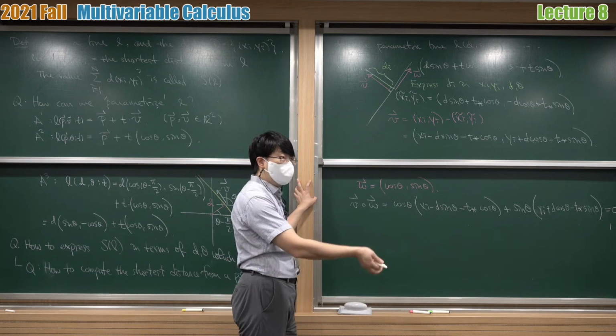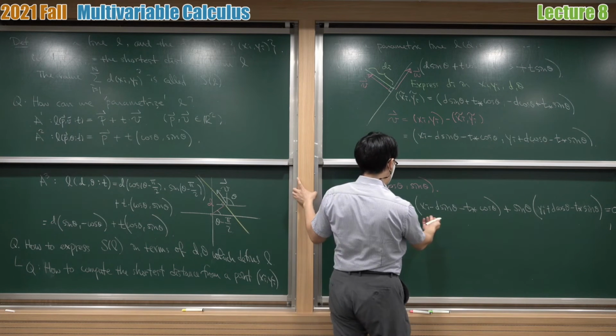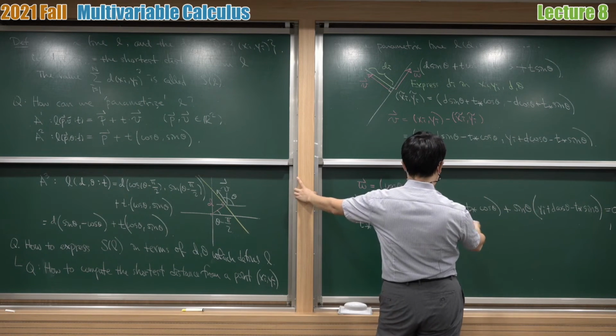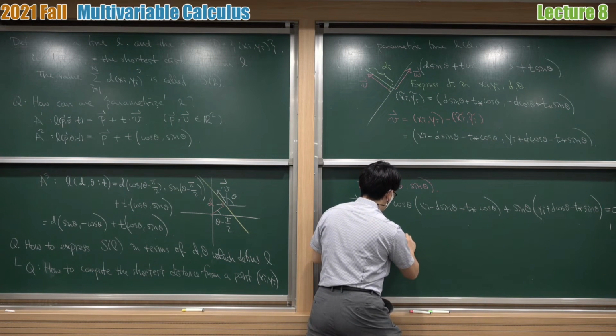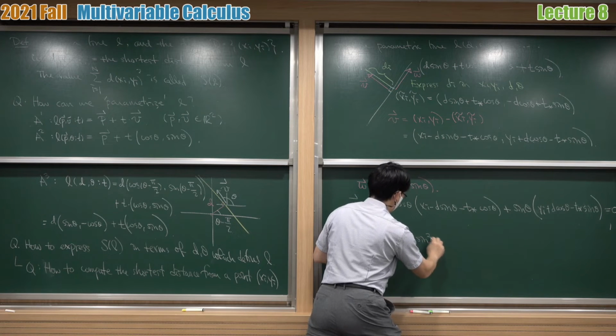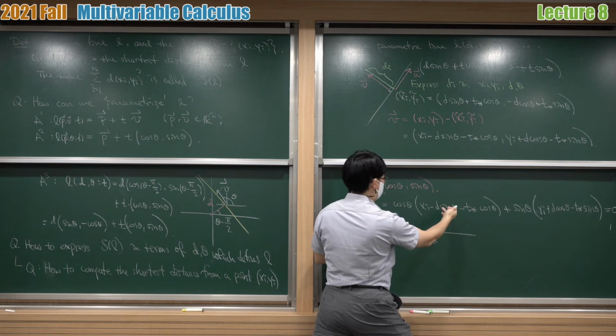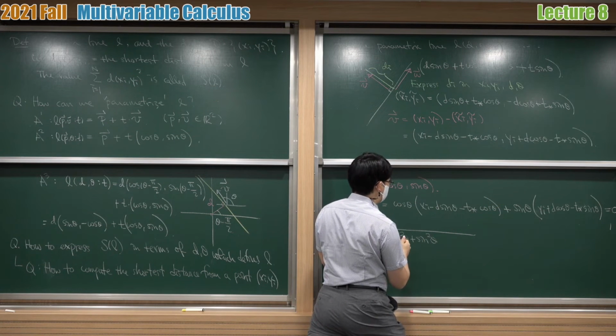All right, let's solve for t star. We have a long coefficient here: cosine square plus sine square, it becomes 1. I'm taking t star to the right-hand side, and everything else is on the left side.